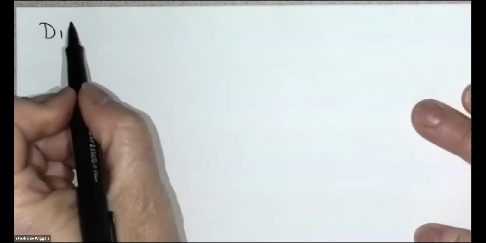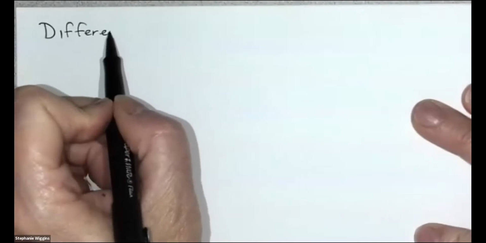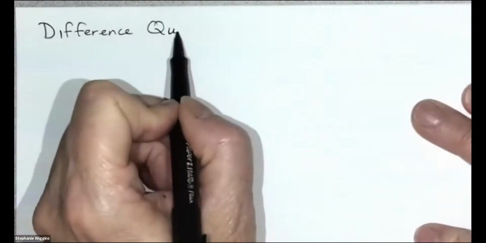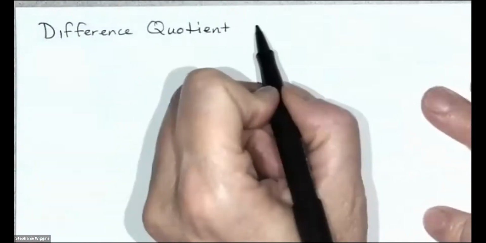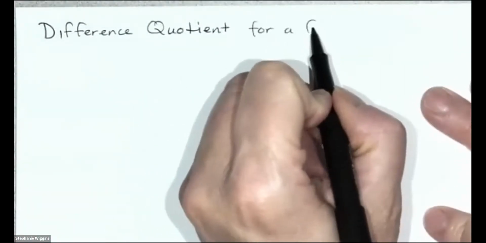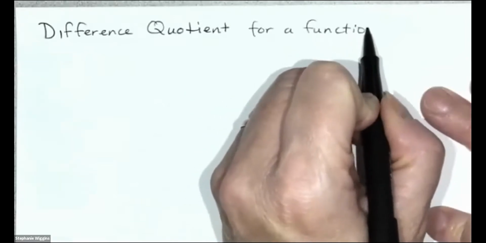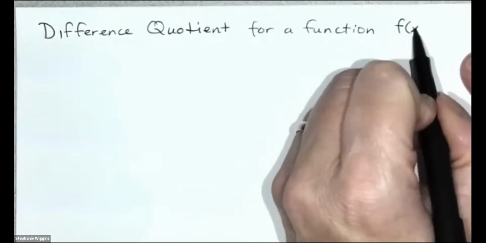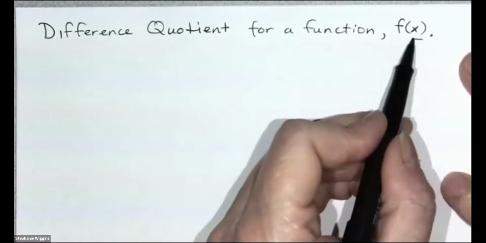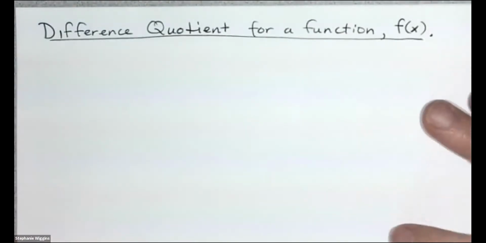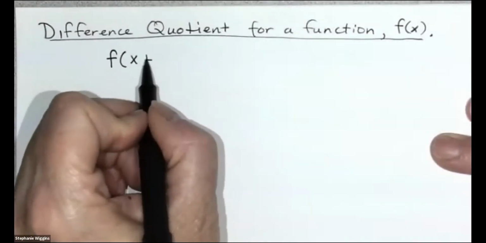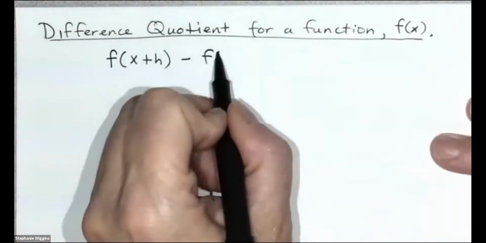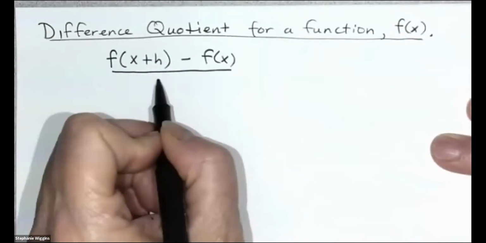But it's the difference quotient of a function. The difference quotient for a function is f of x plus h minus f of x, over h.